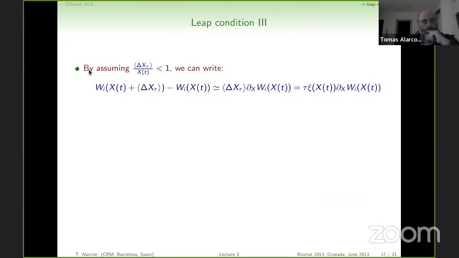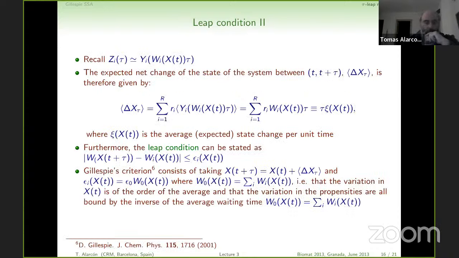Recall that we have now said we are going to assume that the change in all the variables is basically of the same order, that the variation of xt is of the same order of the average.